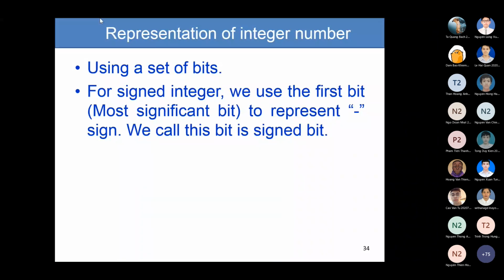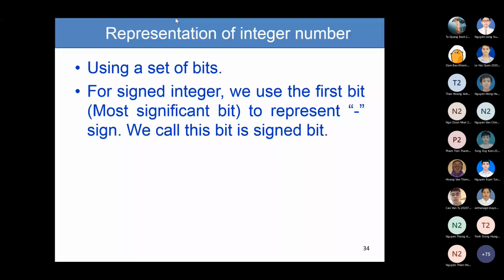For the signed integer, it means we have a positive or negative integer, so we use the first bit to represent the sign. If this bit equals 0, it is a positive number. And if the first bit is 1, it is a negative number. We call the first bit the sign bit of the signed integer.